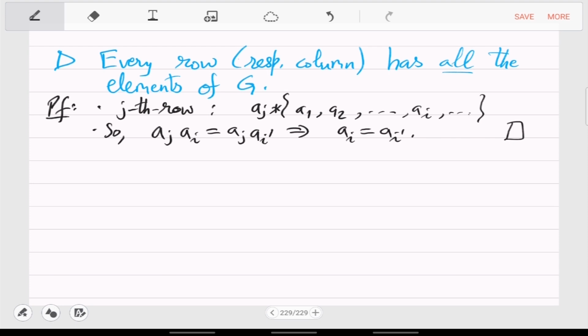So it's kind of a magic square, a special matrix.